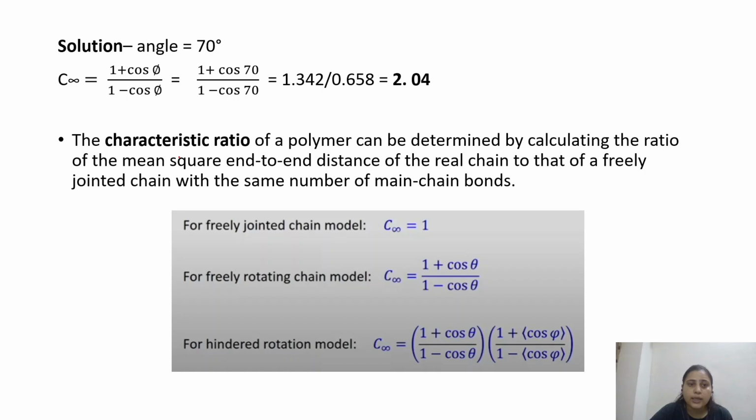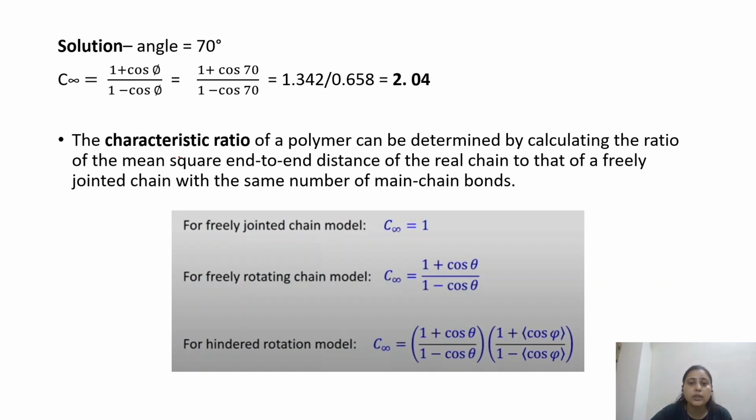Like the characteristic ratio is basically the ratio of the dimensions of the real chain to those of the freely jointed chain, which is the ideal chain.